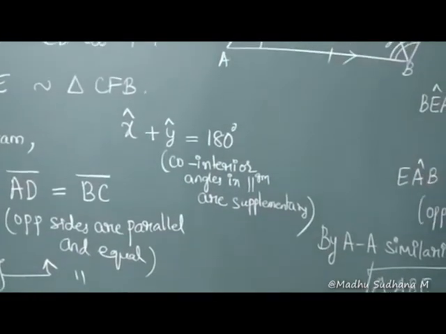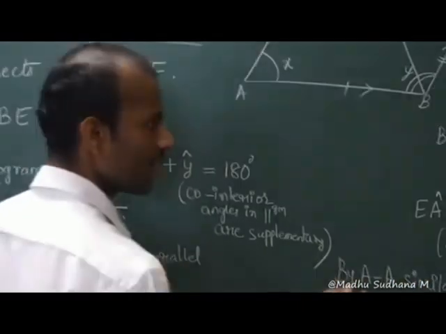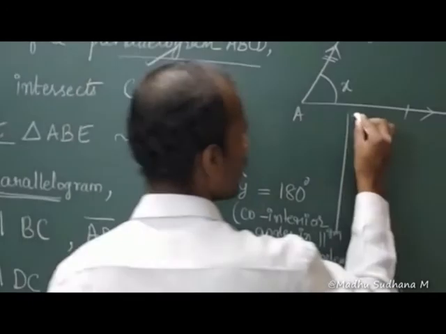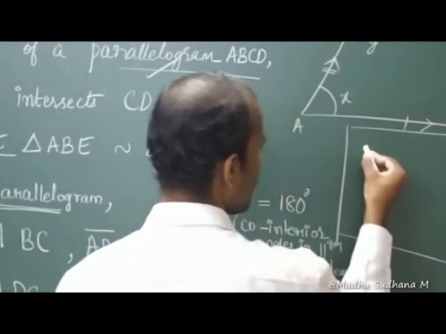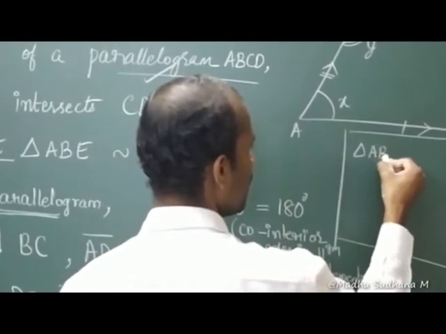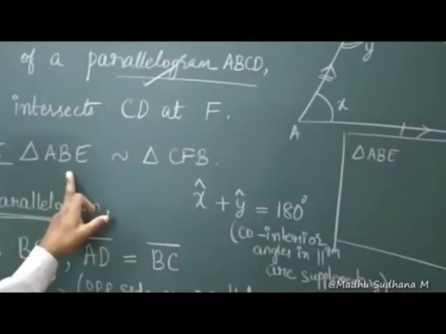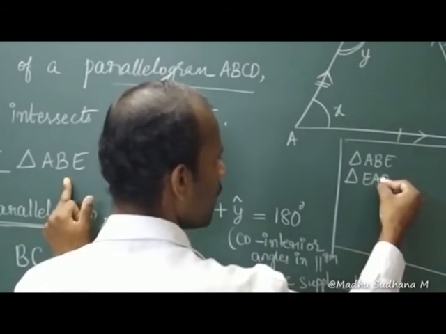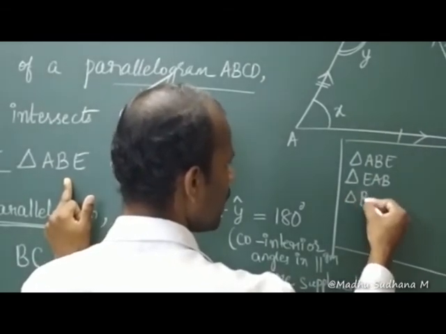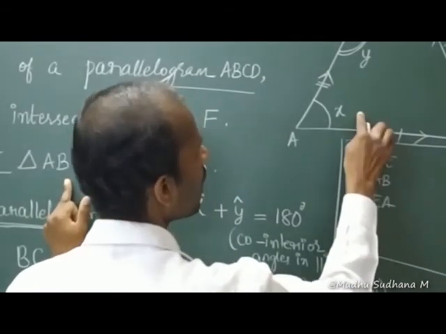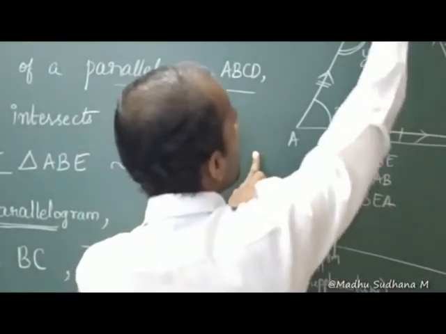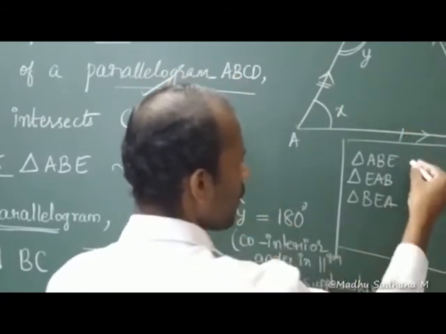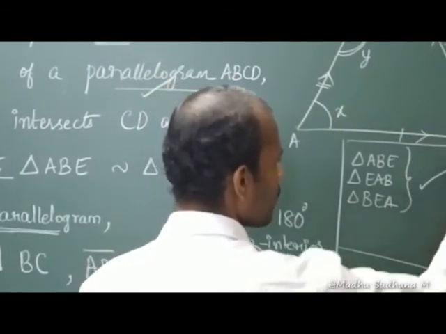So one more important note to be told here. Please understand, very important note here. When we write this triangle ABE, or triangle EAB, or triangle BEA, looking at the triangle, all these are the same.